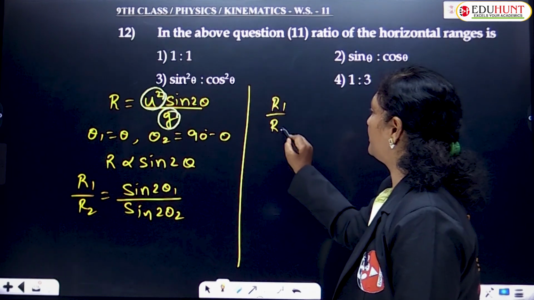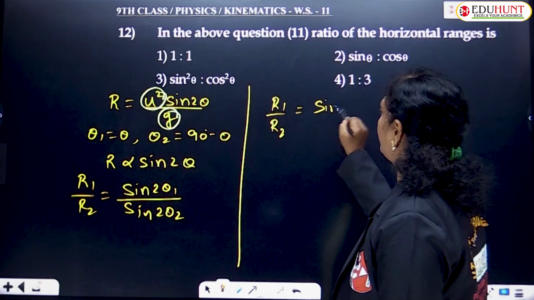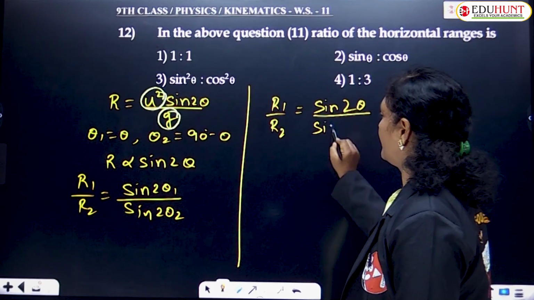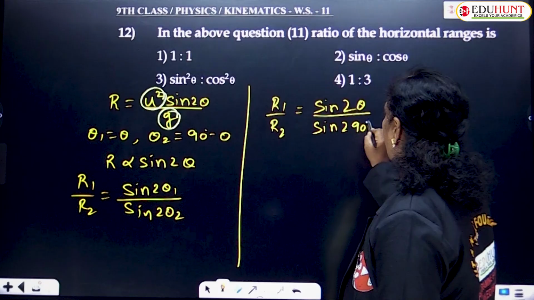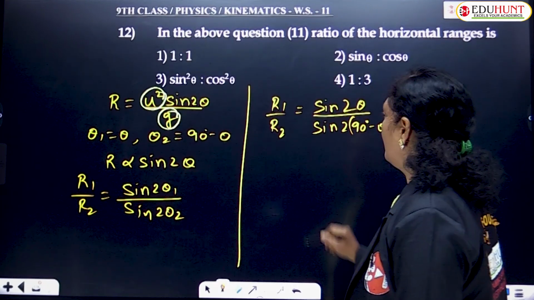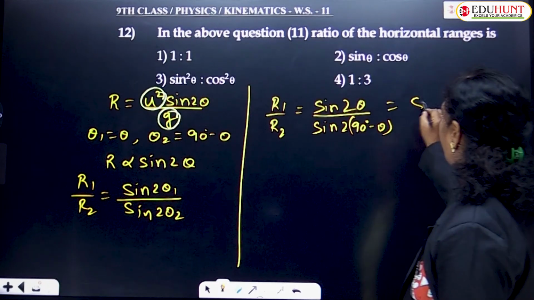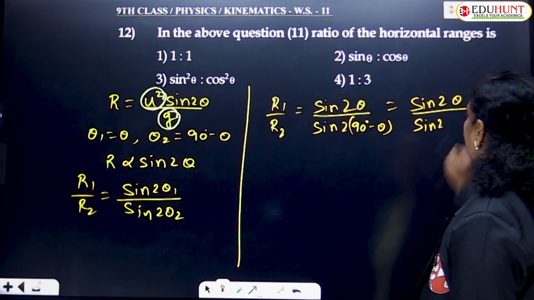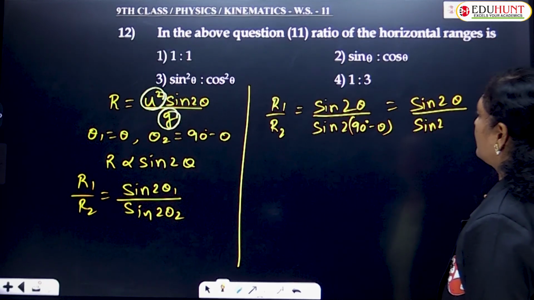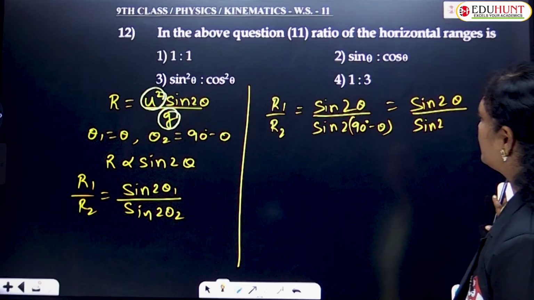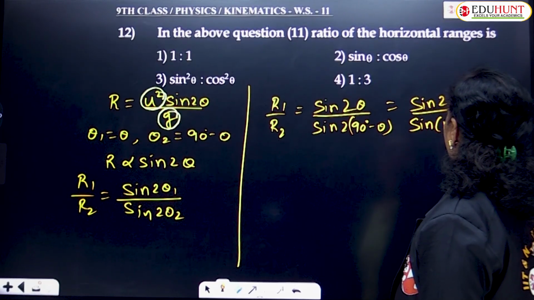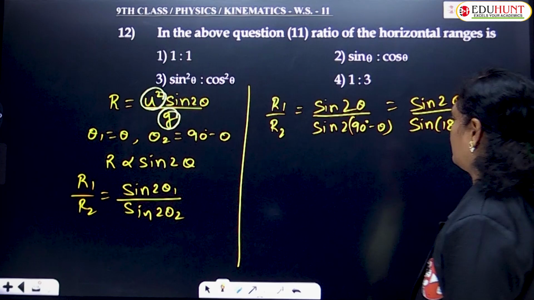R1 by R2 is equal to sine 2 theta 1, where I considered theta 1 as theta and theta 2 as 90 minus theta. This is nothing but sine 2 theta by sine 2 into 90 minus theta, which can be written as sine of 180 minus 2 theta.